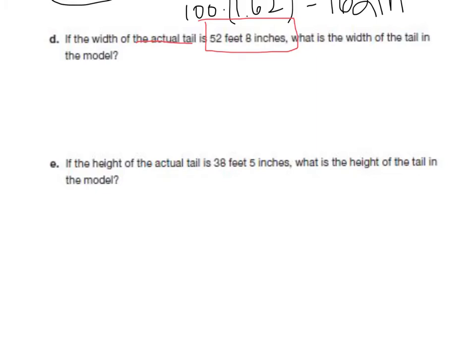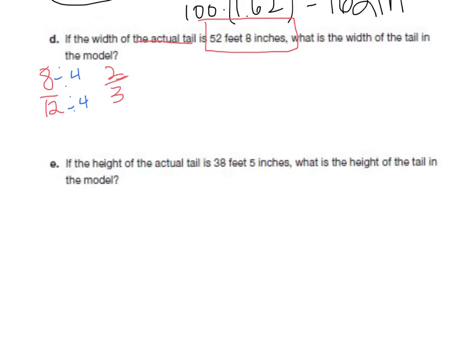This is not 52.8 feet, because 8 inches is really 8 over 12. And when we reduce that, divide by 4, we get 2/3. So then we would have to convert our mixed number to an improper fraction, and we don't have any interest in that.